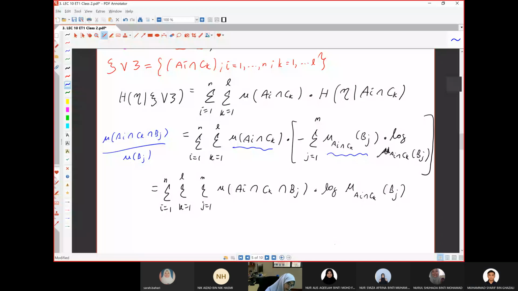Mu Ai intersect Ck. Correct. So you can cancel, right? Mu Ai intersect Ck intersect Bj over mu Ai intersect Ck. So this gives you only Bj. So when you intersect with Bj, that means you have mu Ai intersect Ck intersect Bj. Is that okay?